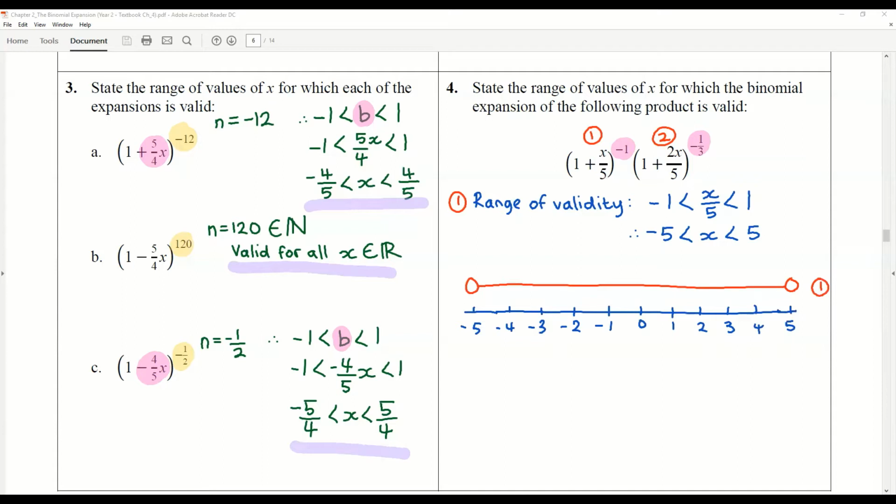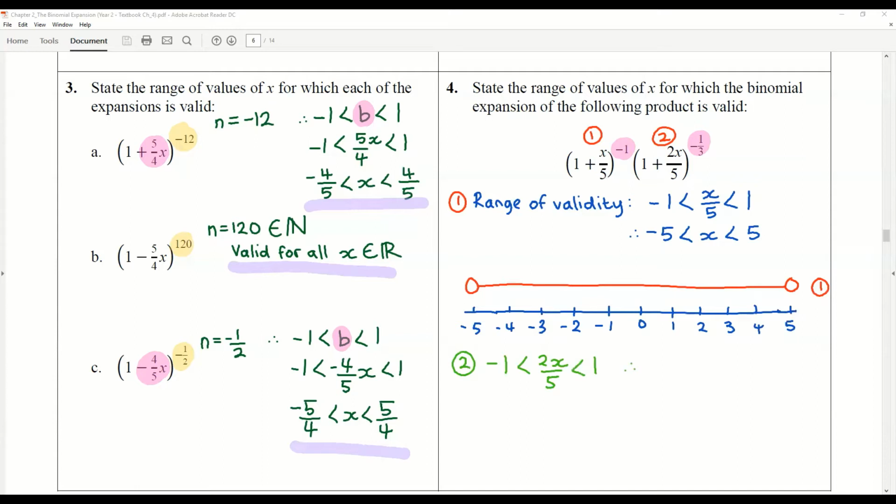For number 2, which I will do in green actually. For number 2, the range of validity, well, in this instance, it's going to be 2x/5 between -1 and 1.